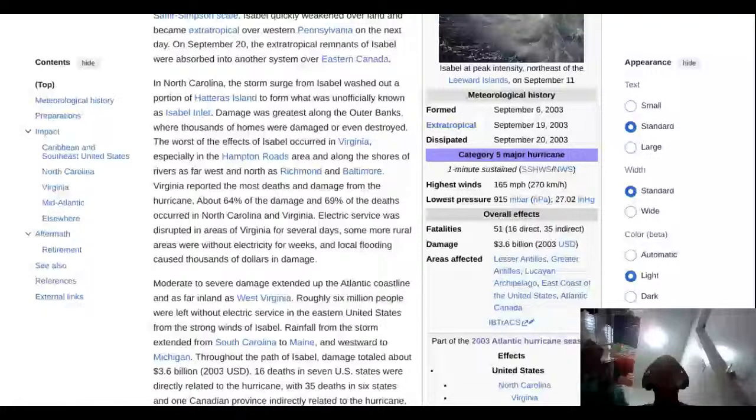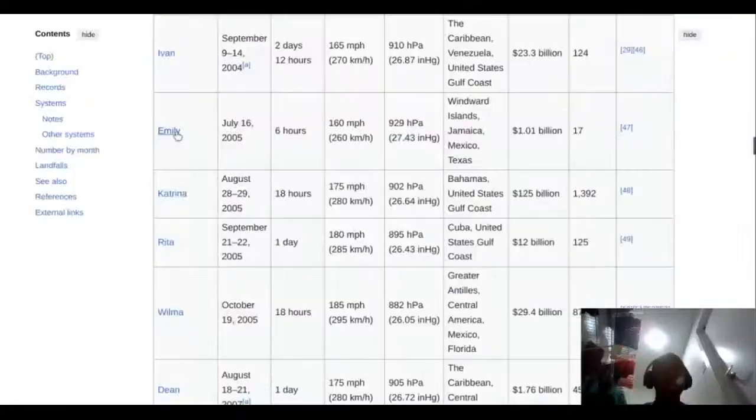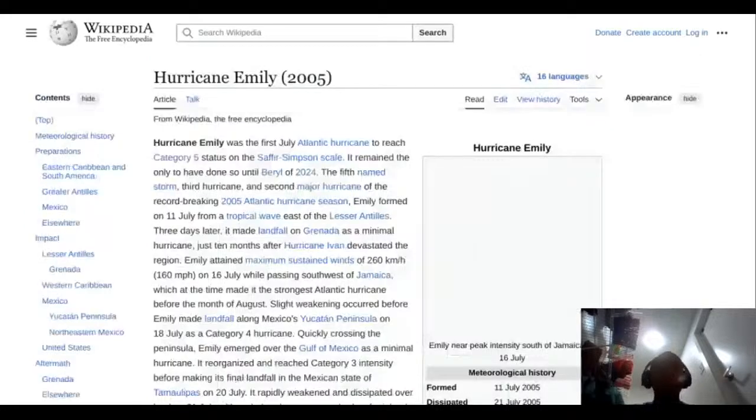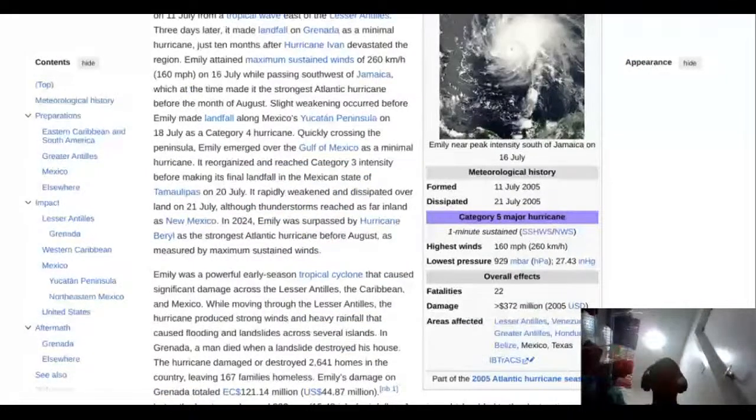The next one is Hurricane Emily. Hurricane Emily was formed on July 11th of 2005 and dissipated on July 21st, 2005.